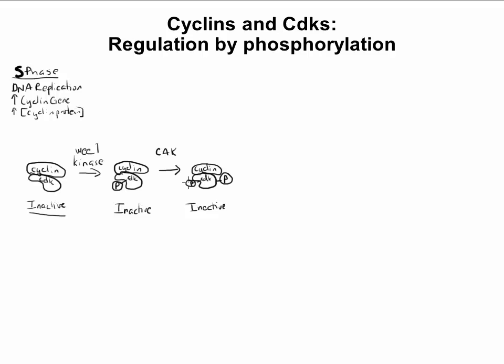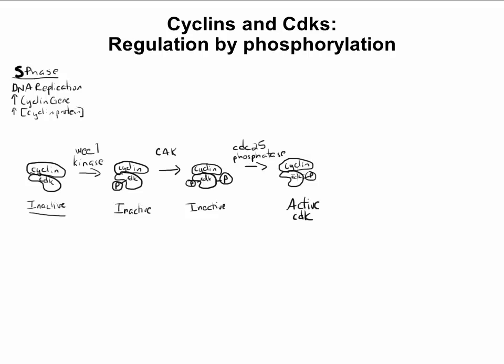And so what type of enzyme have we talked about before in the class that's responsible for dephosphorylating target substrates? Well, that would be a phosphatase, and that's what we see coming into play next. There is an enzyme called CDC25, and this is a phosphatase, and this phosphatase cleaves off the phosphate group that's on the cyclin-dependent kinase active site, leaving only the phosphate on that distal site, and now this is an active CDK complex, right?